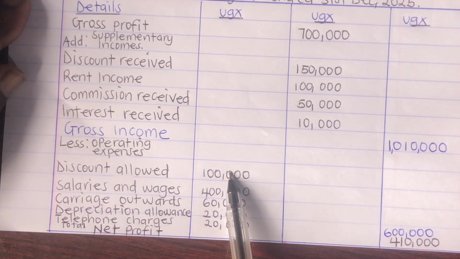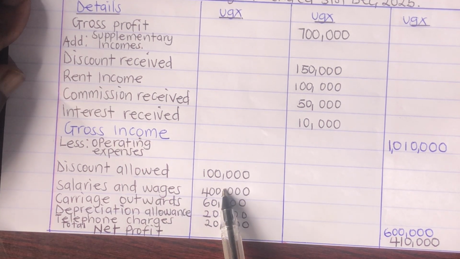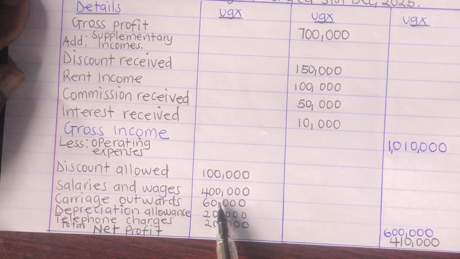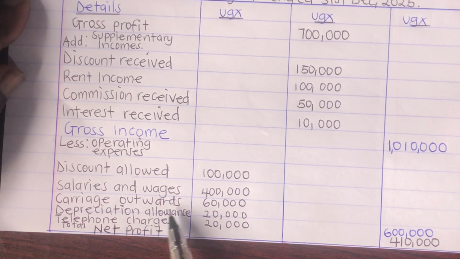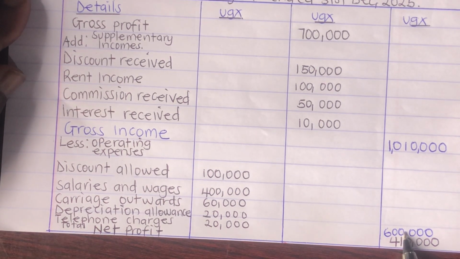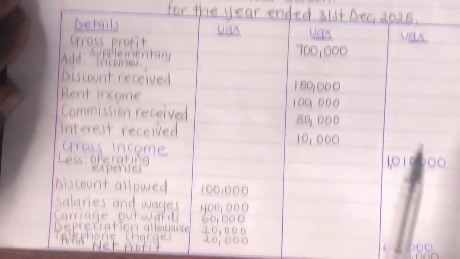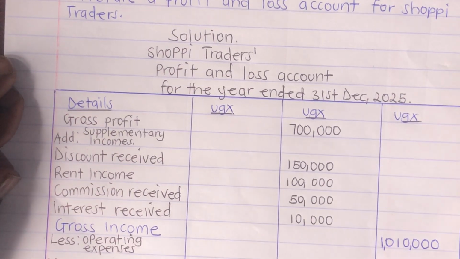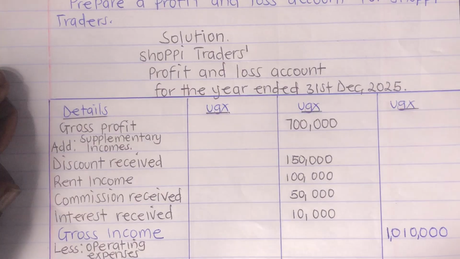So you add 100,000 for discount allowed, then salaries and wages 400,000, then carriage outwards 60,000, then depreciation allowance 20,000, then telephone charges 20,000, and get the total operating expenses as 600,000. Then I said the aim of preparing a profit and loss account is getting the net profit.